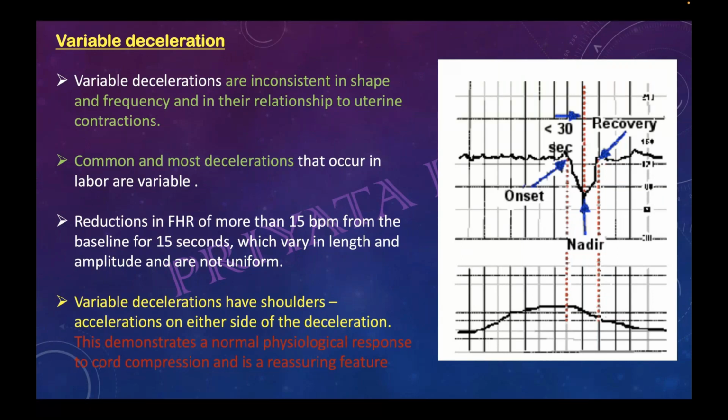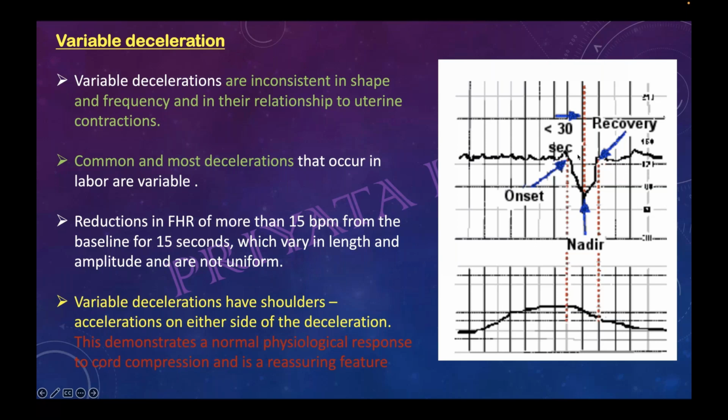Sometimes you find a problem in differentiating variable deceleration and late deceleration. Here, the time from the start of the contraction to the nadir, the peak of the deceleration, would be less than 30 seconds in variable deceleration. In late deceleration, the time from contraction to nadir will be more than 30 seconds.